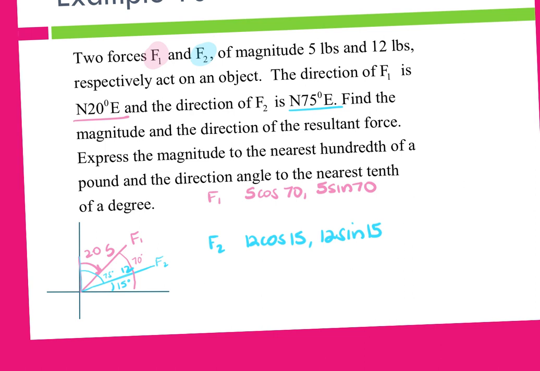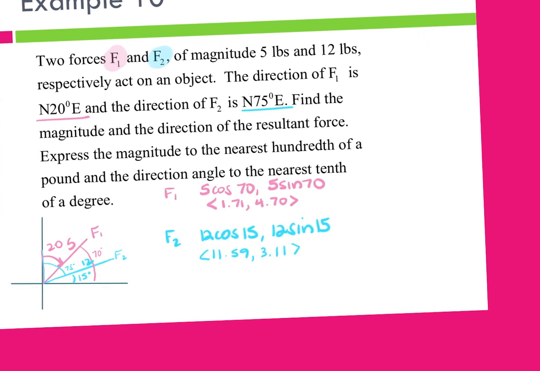So 5 cosine 70, 1.71, 5 sine 70, 4.698. So that's going to be 4.70. That's the component form of F1. Now F2, 12 cosine 15, 11.59, 12 sine 15, 3.105, so 3.11. That's the component form of F2.